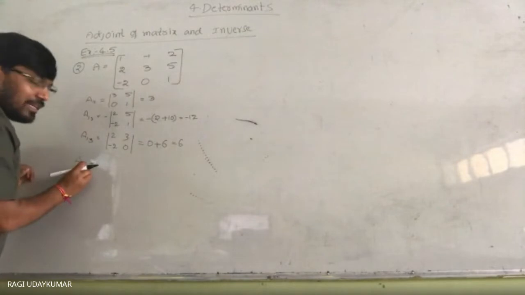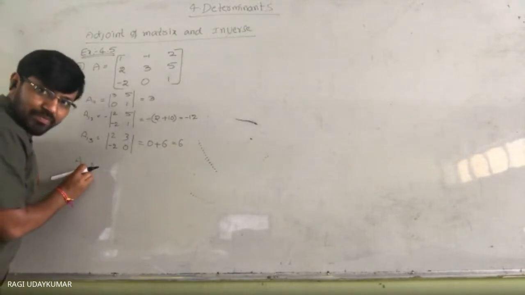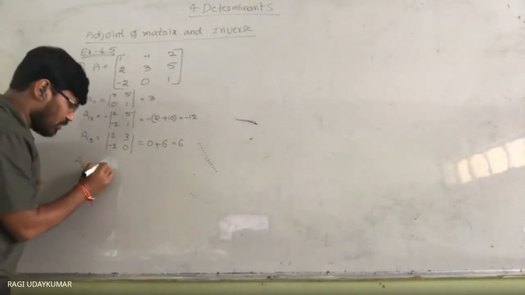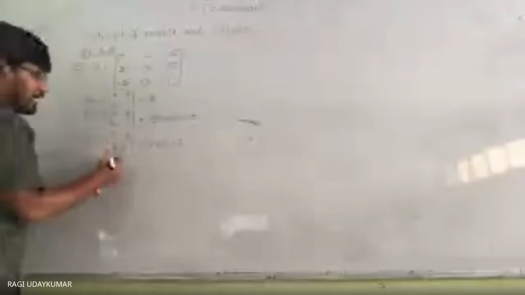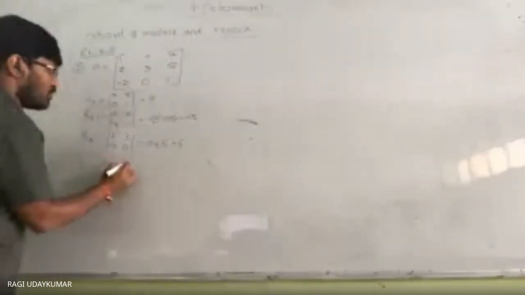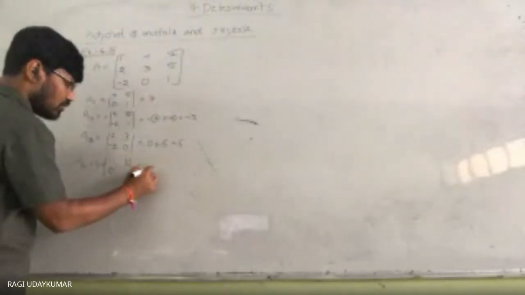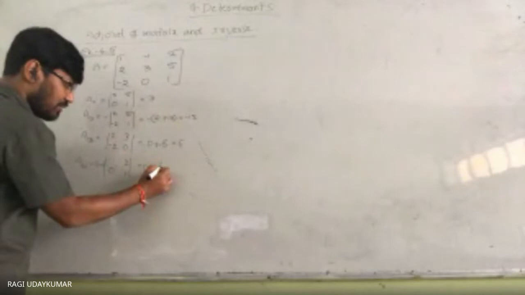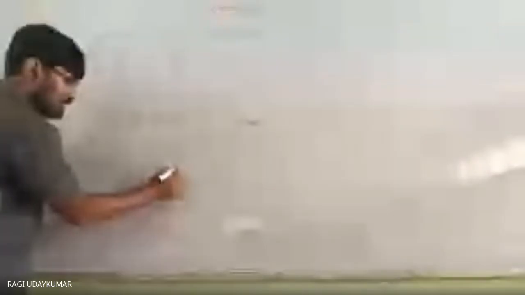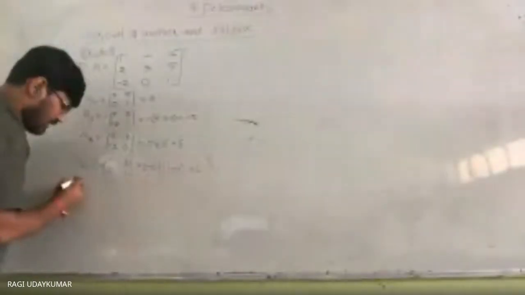This is an odd number, so minus. -1 into the matrix after this row and column are deleted: -1, 2, 0, 1. You should also observe that sometimes human error can happen. There may be a chance of -1 minus 0. So we are going to get -1 plus 1.